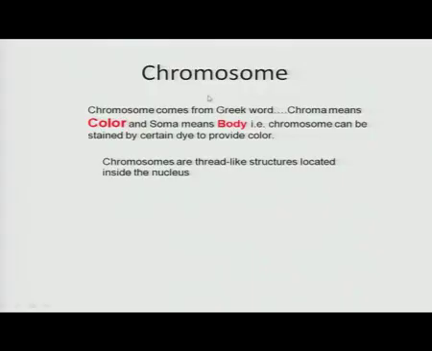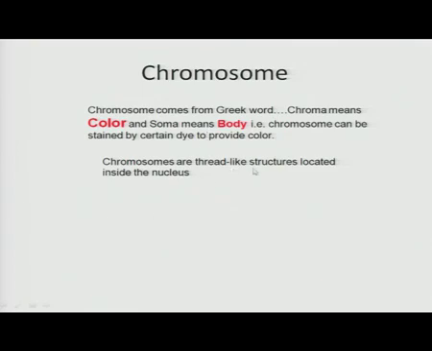Now, let us move towards the chromosome. Chromosome is derived from a Greek word, in which chroma means color and soma means body. So, chromosomes can be stained by certain dyes to provide color, and because of the color pattern they show, they have been given the name chromosome.